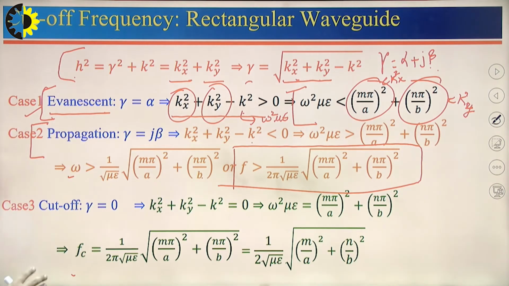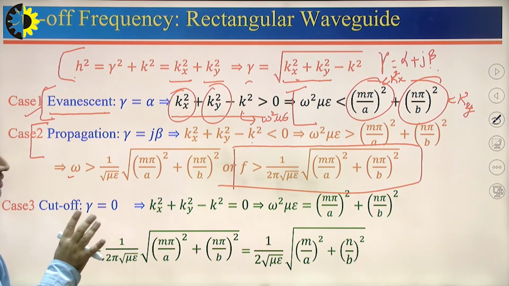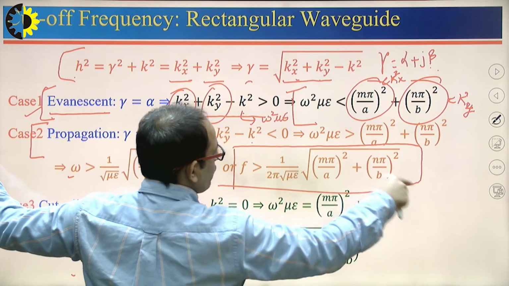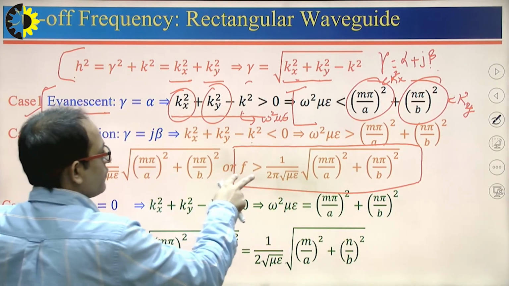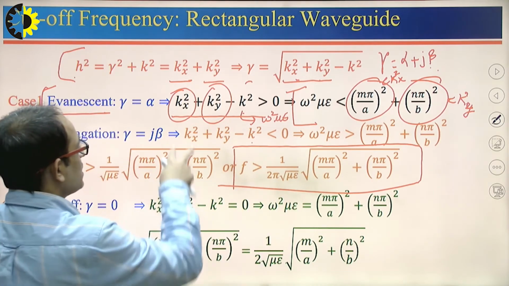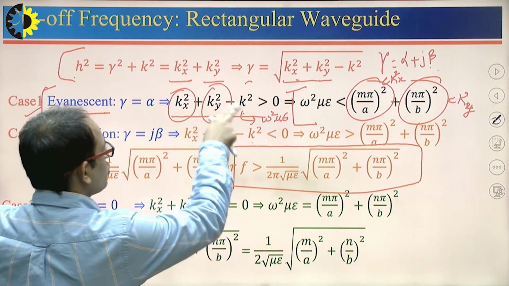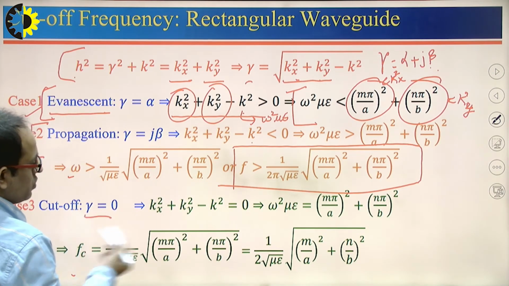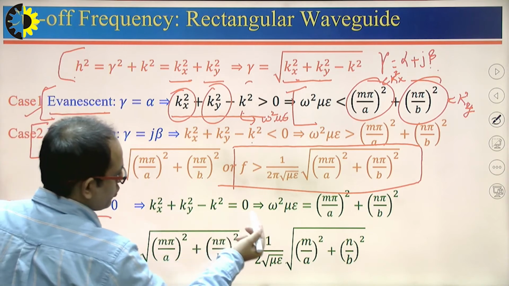Clear? Now, if I ask what is the minimum frequency for the propagation of the wave, it means that f should be equal to this one, or I can say that k square x plus k square y should be equal to k square. Therefore, gamma equals 0, and k square x plus k square y equals k square.